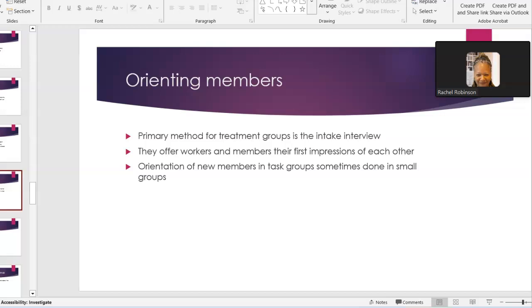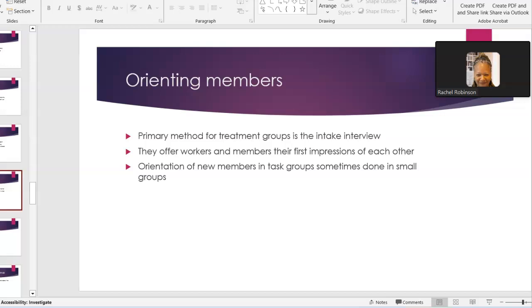Orienting the group. So there's the intake interview. Even though Nancy knows the potential members, you still have to orient the potential members to the group. They might be familiar working with Nancy one-on-one, but now they need to know what to expect as being part of a group.